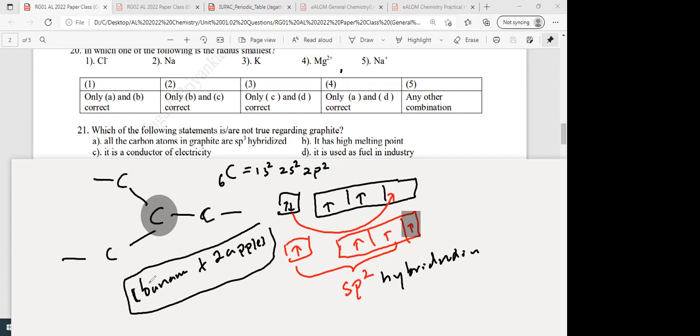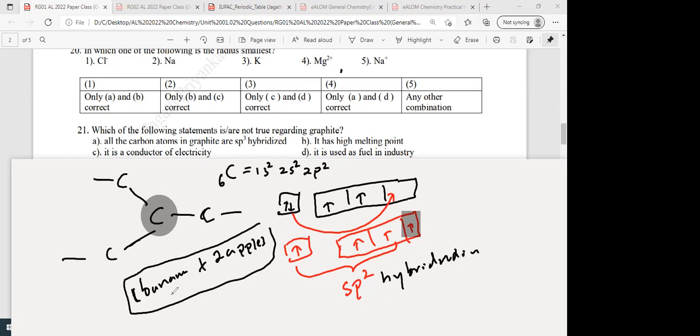You can't give 1 banana to one friend and the 2 apples to the other 2 friends, because then they'll get different taste. So all 3 bonds are identical. They should get the same properties. To have 3 identical bonds, they should be equal in energy. To have equal energy, it's like making a fruit salad.